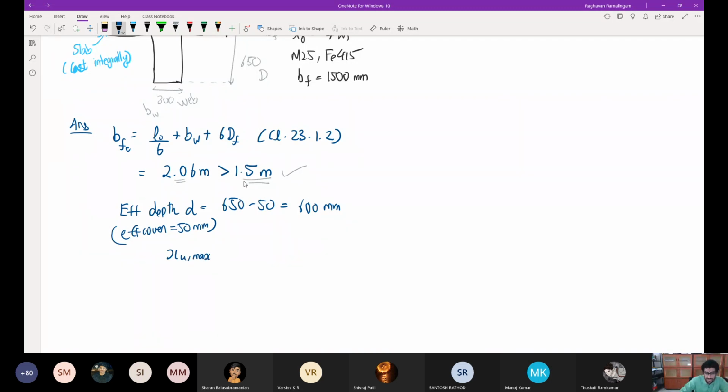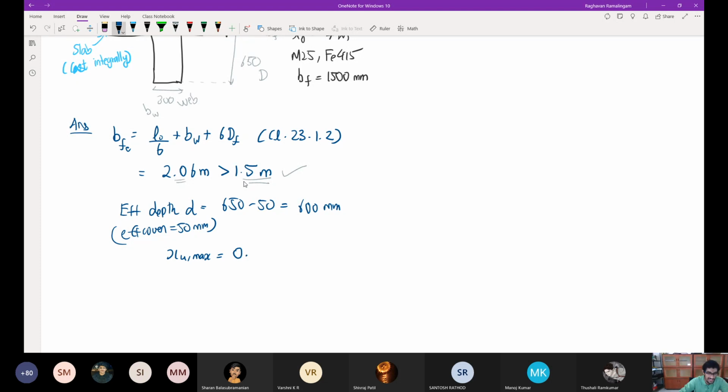The first thing we want to do is find out, because any beam we design should be balanced or under reinforced, what XU max is. The grade of steel is Fe415. So how much is the factor for Fe415? 0.48.